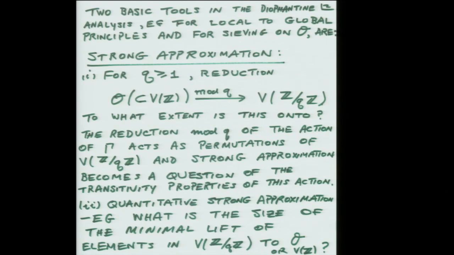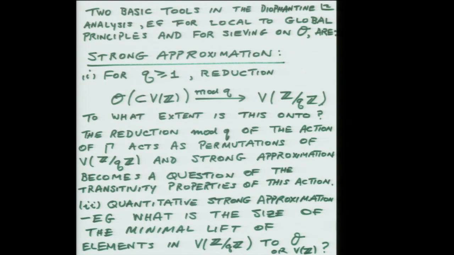So if I want to understand strong approximation, which is how rich is the reduction of V modulo Q, or the orbit modulo Q, it becomes a group theoretic question, a highly non-trivial group theoretic question in this setting of what is this permutation group, which is acting now on this solution set V, on this finite set. Is it transitive, for example? Does it move me from any point to any other point, or what are the components of this action?